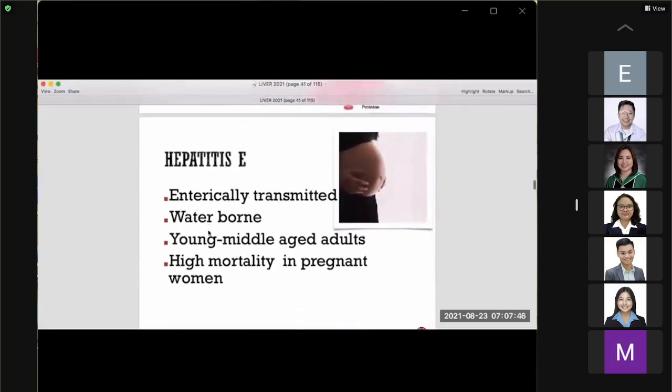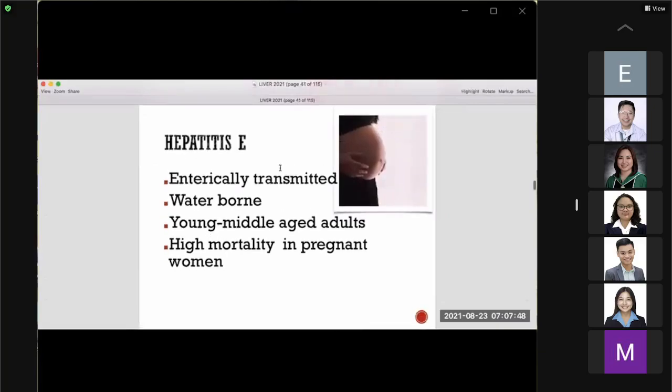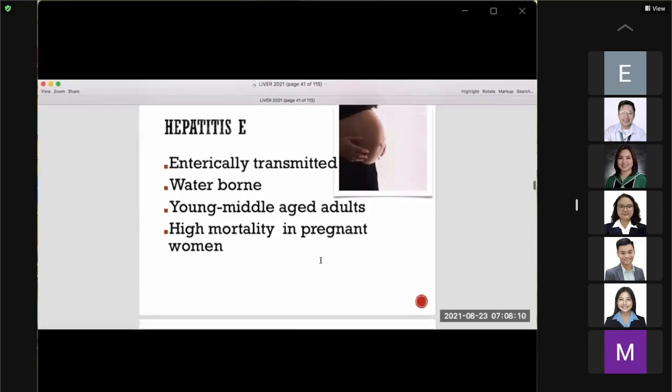Okay. So this is enterically transmitted, waterborne, just like hepatitis A. You get to see this more commonly in young, middle-aged adults. And if pregnant women are affected, it incurs a risk for high mortality in this population.